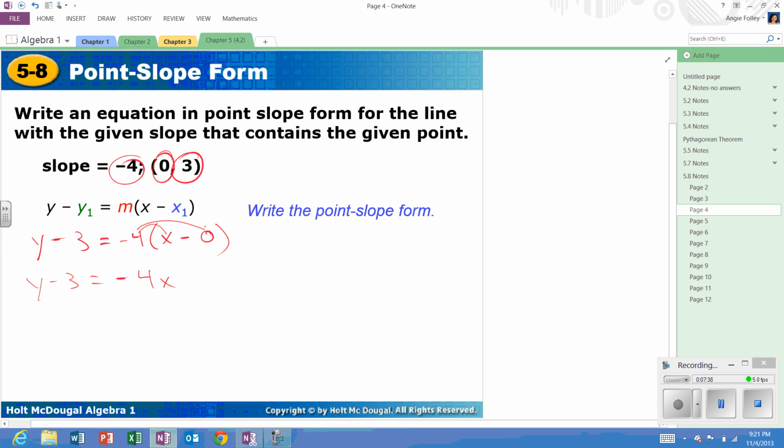When I distribute the negative 4, I'm going to have negative 4 times 0. Anything times 0 just goes away, so that's gone. And now I'm going to move this 3 over to the other side, and I get y equals negative 4x plus 3. So I went all the way from right here, the point slope form of an equation, to the slope-intercept form of the equation.